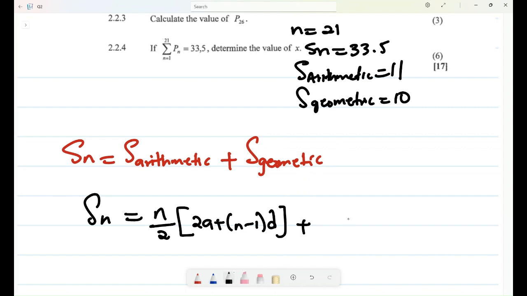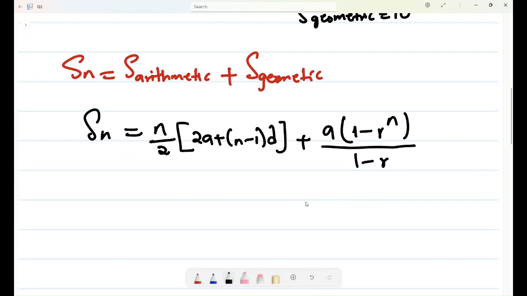So sum of geometric, but in this case, can you see that it is a converging series, right? So for a converging series, you can use a into 1 minus r to the power of n, over 1 minus r.